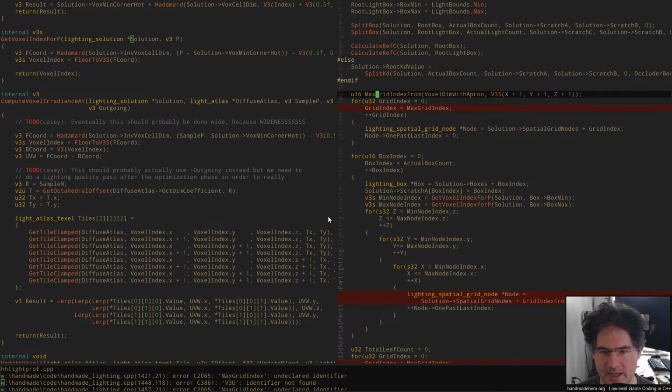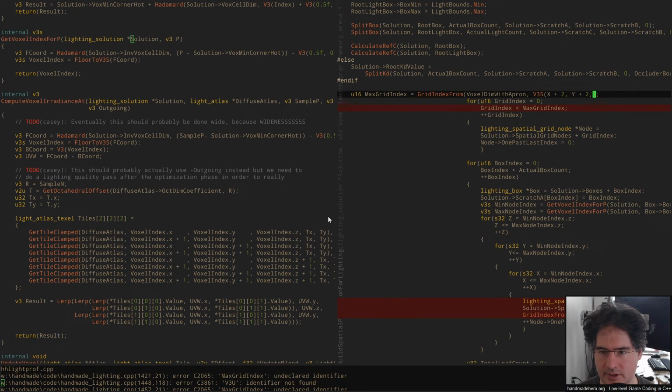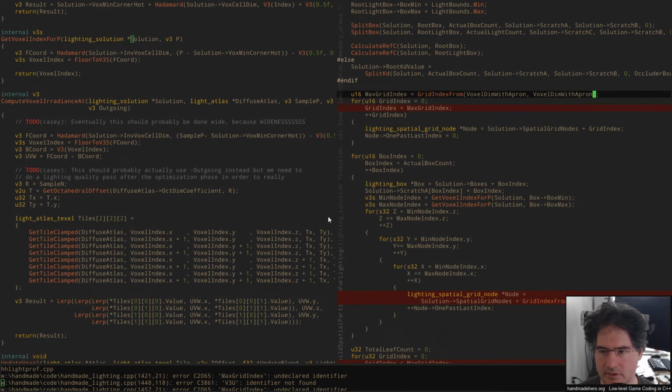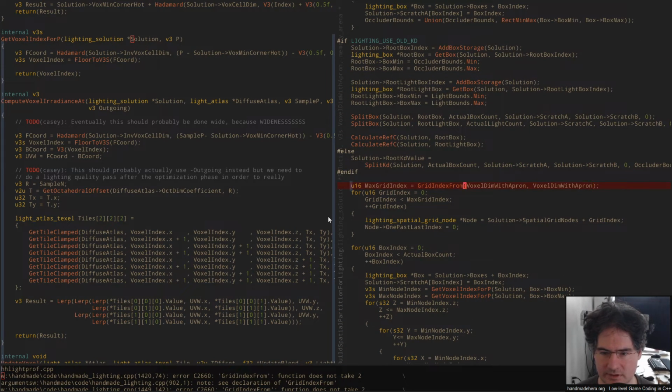Well, we know that the max grid index in this case would have to be the total voxel dimension with apron, right? I think that voxel dim with apron, if we ask it for this dimension and we pass the highest value, should give us back the highest index. So I think that's sufficient. I don't think we need really anything else.